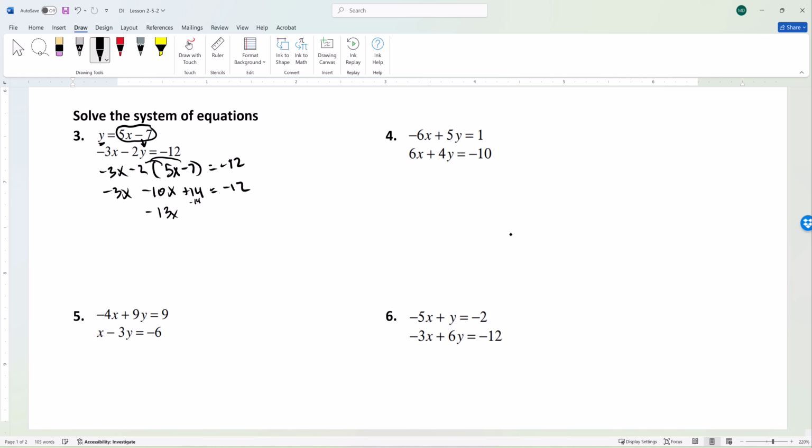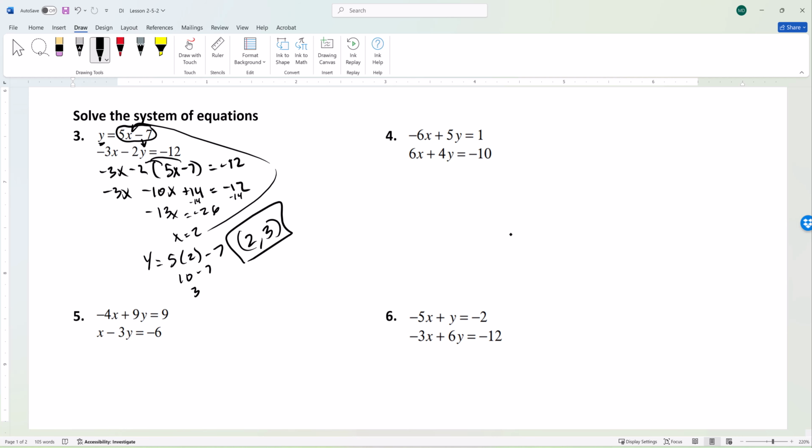And then subtract the 14, you get equals -26. So therefore x equals 2. Plug it back in. So I found one of the variables. So plugging it back in for x, you get y equals 5 times 2 minus 7. 10 minus 7, that's 3. So my solution is 2, 3. Now remember to write it as a point.